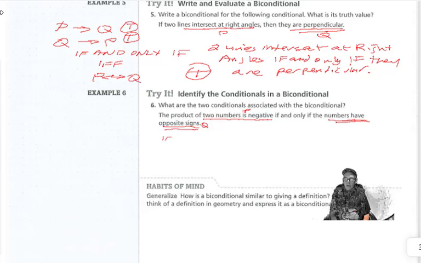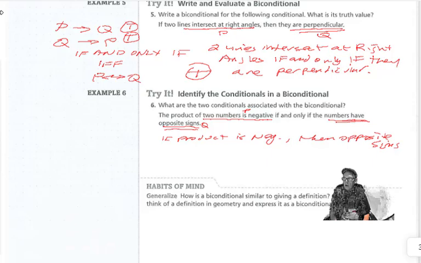So we'd write: if product is negative, then numbers have opposite signs. So I abbreviated it. If product is negative, then opposite signs.